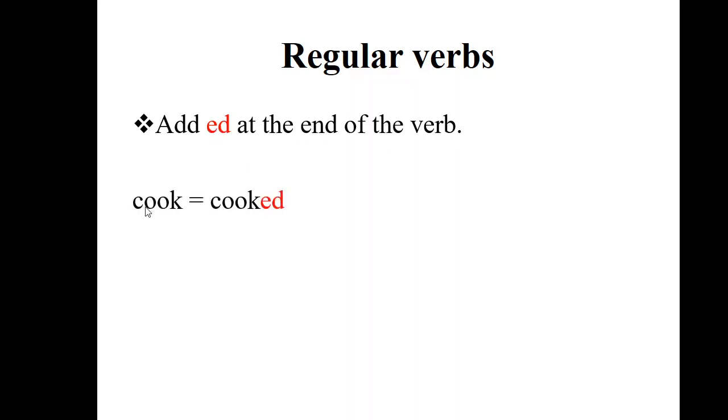Regular verbs. For you to indicate that an action happened in the past, you need to take note of the following points. A, regular verbs. For regular verbs, you add ed at the end of the verb. Like here, cook.